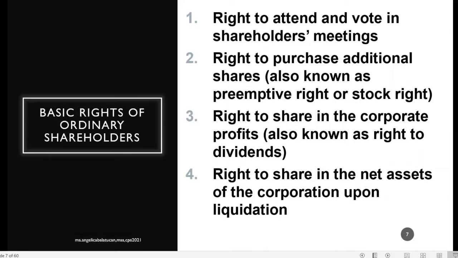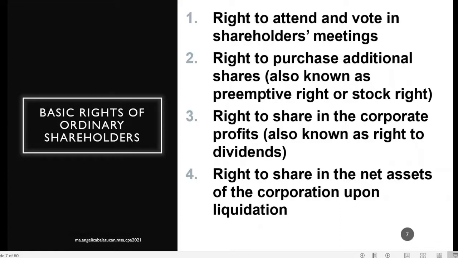For a stock corporation, voting rights are normally conferred to shareholders in proportion to their shareholdings. So it depends on the number of your shares how big your voting rights are. So the shareholder who holds more shares normally will have more voting rights.